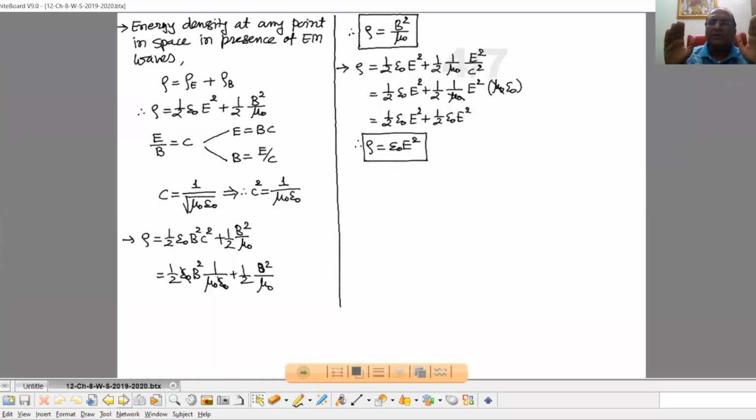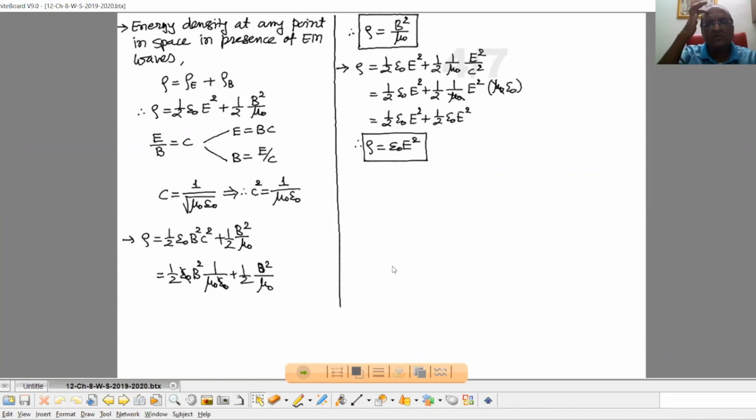Now, in previous chapters, chapter number 2 and 4, we already derived the equation of energy density at any point in the given space. In the form of electric field, the energy density is rho E, which is equal to half epsilon 0 E square, and in the form of magnetic field, the energy density is rho B, which is given by half B square upon mu 0.